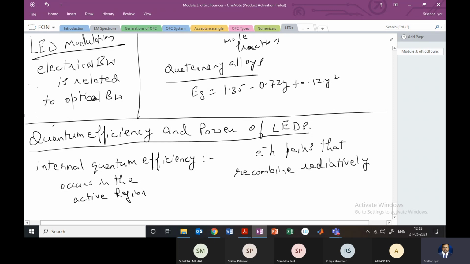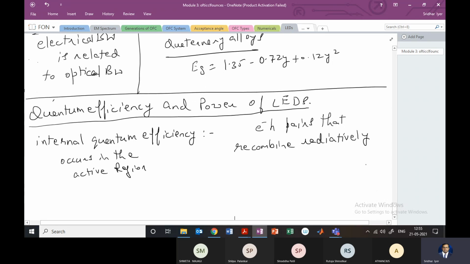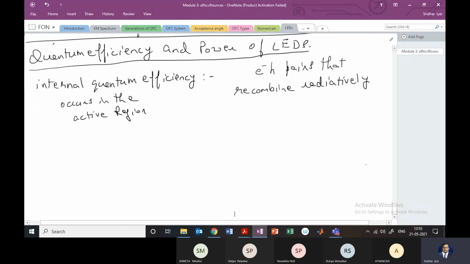If, for example, you have 100 electrons which are injected, you expect all of them to be converted into corresponding photons. So your efficiency is 100 percent, but that is not going to happen. There is going to be some loss, so to say, that all electrons will not be converted into photons, right? So how much of these electron hole pairs will recombine radiatively is the internal quantum efficiency.